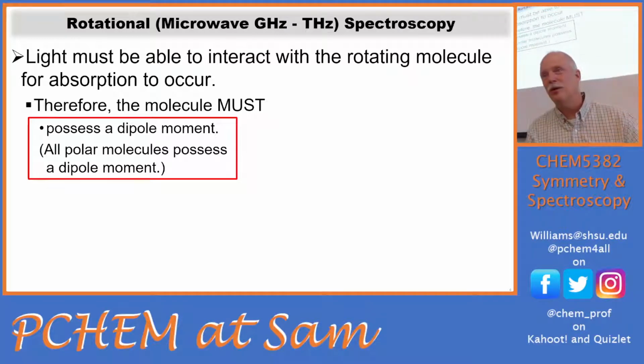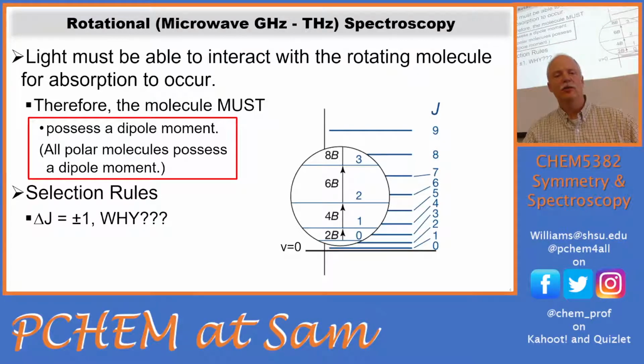So ammonia is polar, but BH3 is nonpolar. NH3 is polar because it has that extra lone pair of electrons, and it's a trigonal pyramid. BH3 doesn't have those extra electrons, and it's trigonal planar. And since it's trigonal planar and the H's are at 120 degrees, all of those little bond dipoles cancel each other out, and you have a nonpolar molecule.